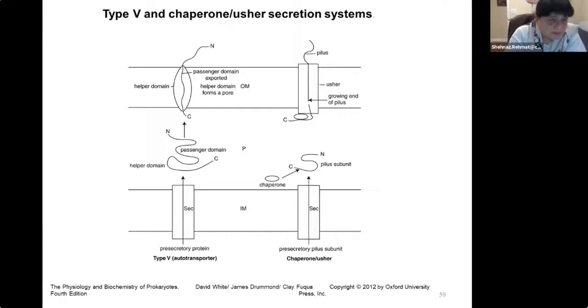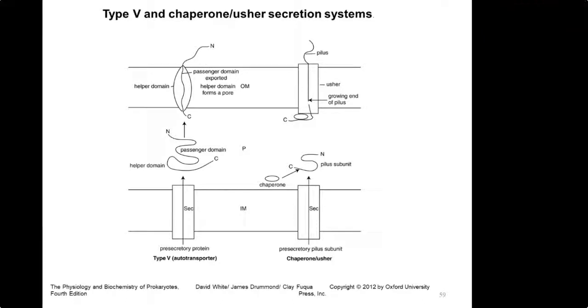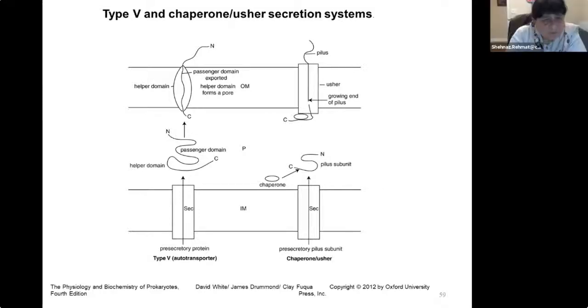On the outer membrane, yes. And the one with the chaperone and usher, is the usher like a different protein unit? Yeah. It is a different protein which is already embedded in your outer membrane. So it doesn't have anything to do with this protein that is being transported out.